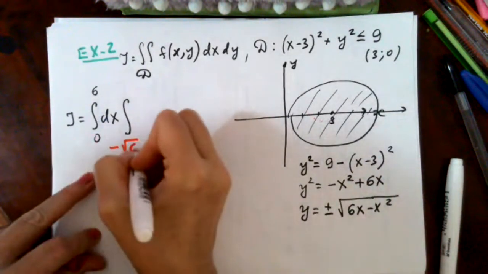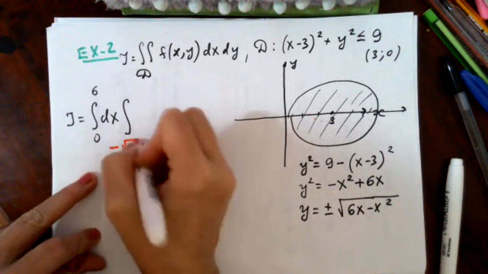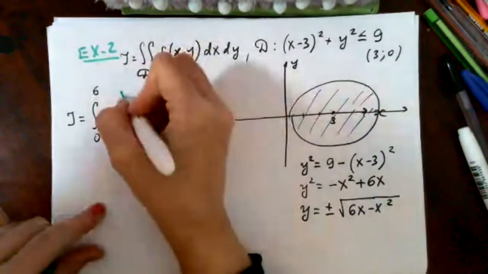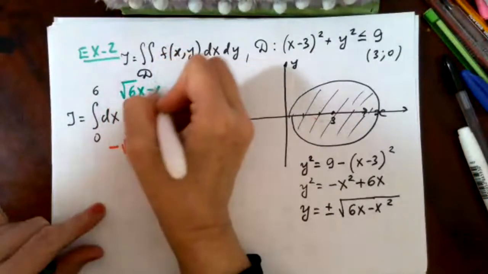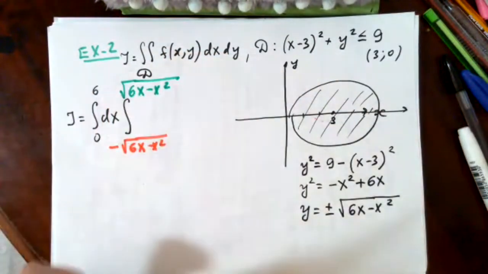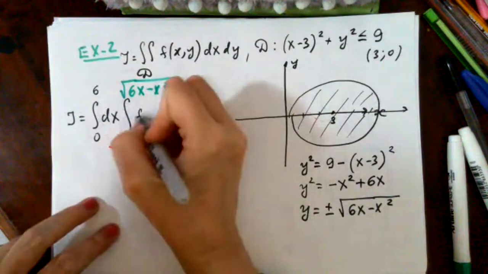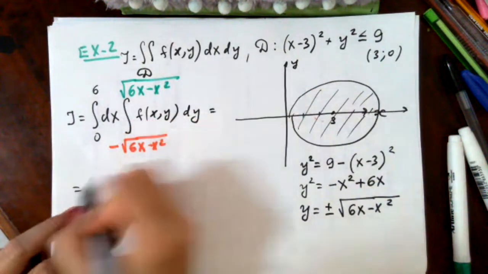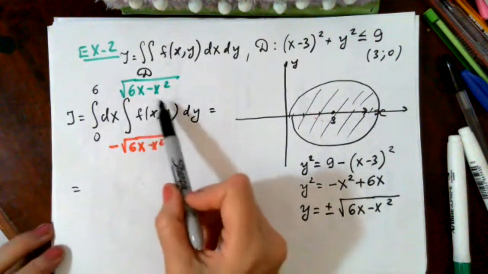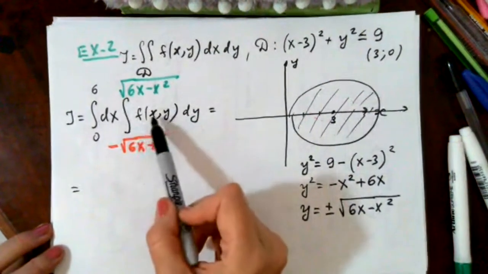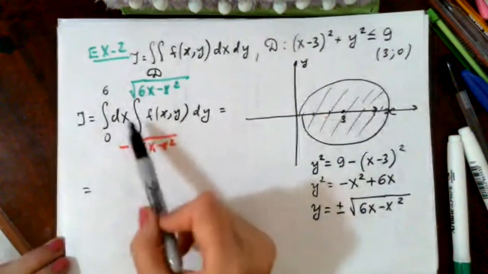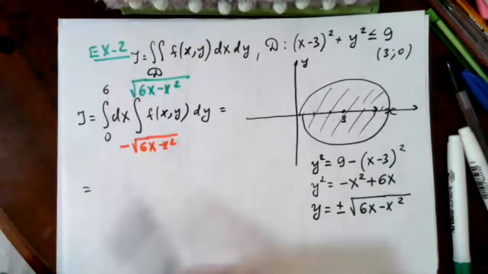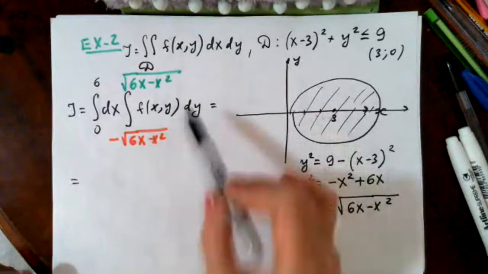This is minus this expression, and this is plus the square root of the same expression. So again, we didn't have difficulty transitioning to the repeated integral, but fortunately we are not given this function, because otherwise we would find ourselves in real difficulty when it comes to integrating. But let's do this in another order.